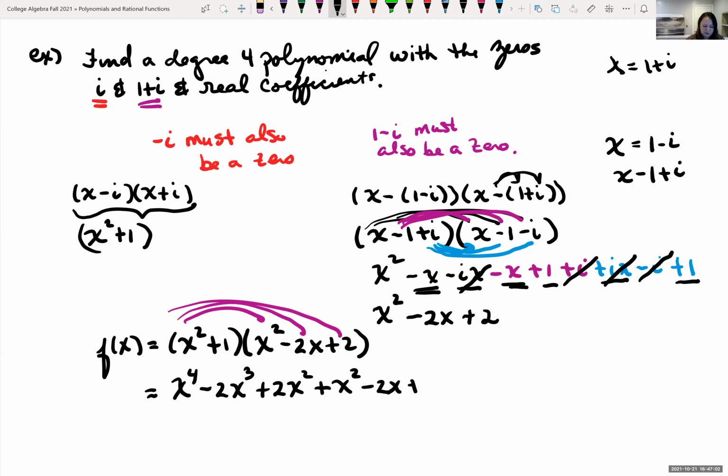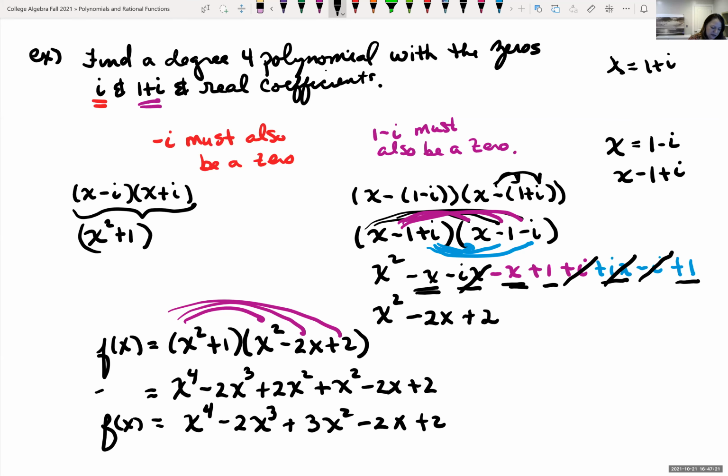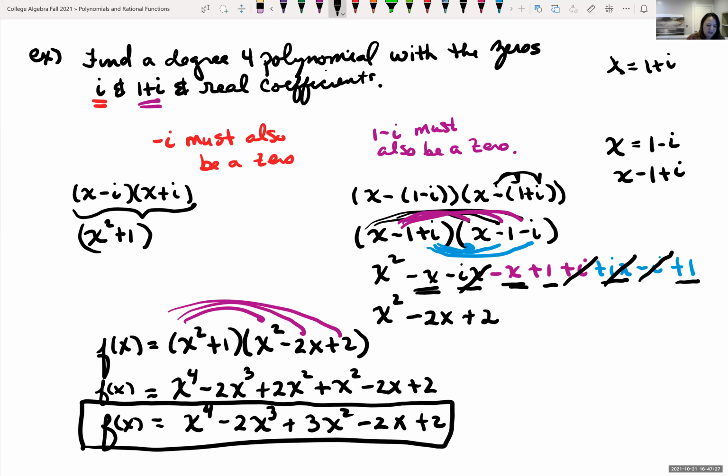And 1 times 2 is plus 2. So x to the 4th minus 2x cubed, 2x squared plus 1x squared is plus 3x squared, minus 2x plus 2. So we just found a degree 4 polynomial with the zeros that were given to us.